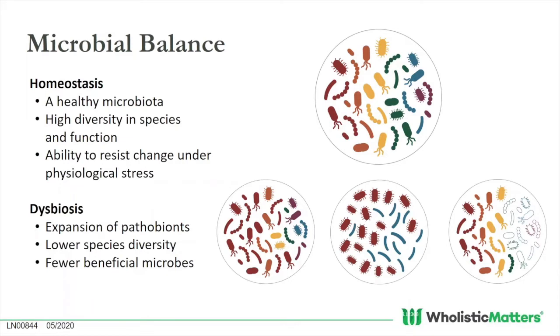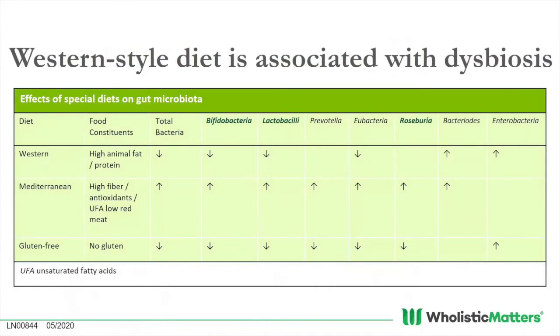Then you can have a lower level of total species diversity, which can be problematic. As well, you can just be missing a lot of these beneficial microbes or have a very low number of them. These different types of dysbiosis can all occur exclusively, or there can be a little bit of mix between the various different kinds.